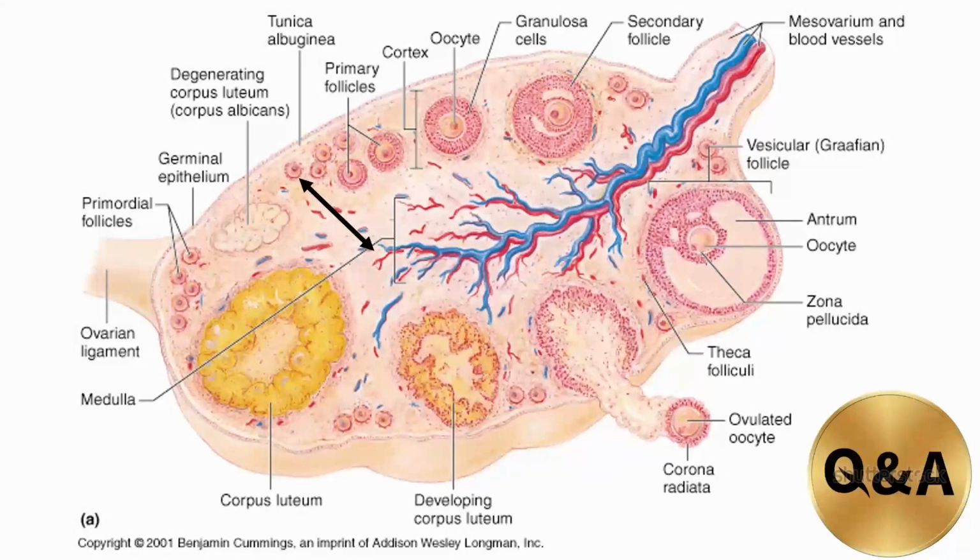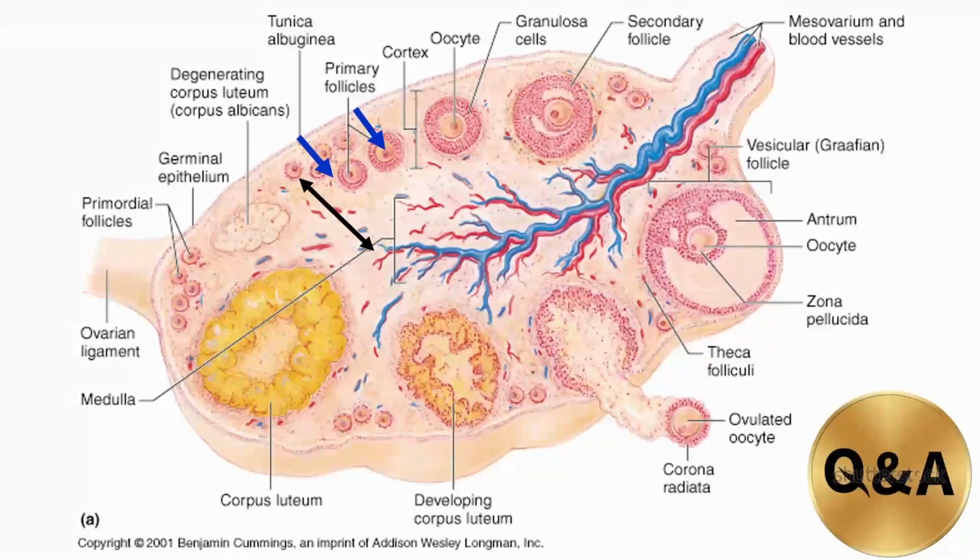First of all, it is telling me that the outer layer is the cortex, and in the cortex we have the primary oogonium, the first stage of starting to develop into a mature ovum, and we will show you examples of this cell.